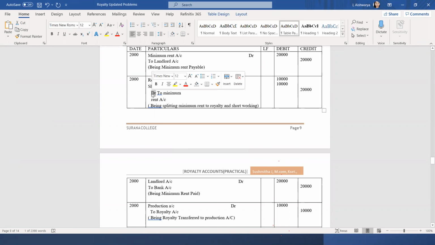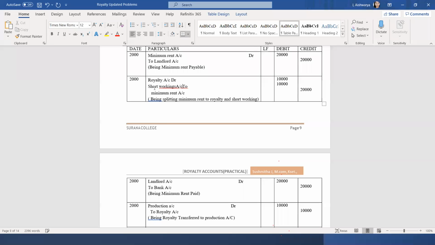So it is debit actually. Okay, make an adjustment here itself.